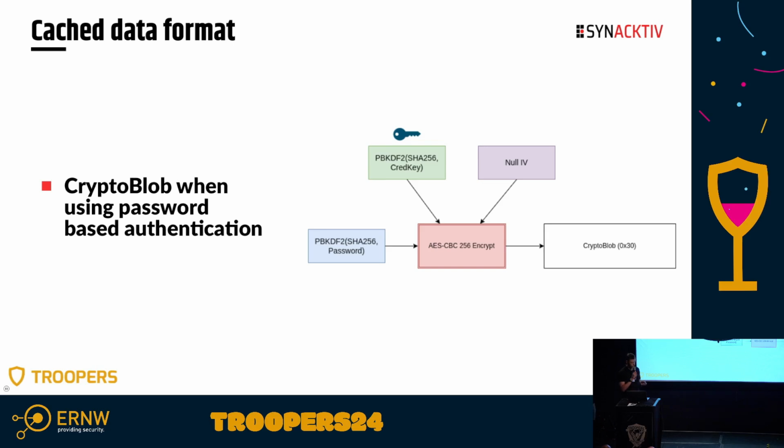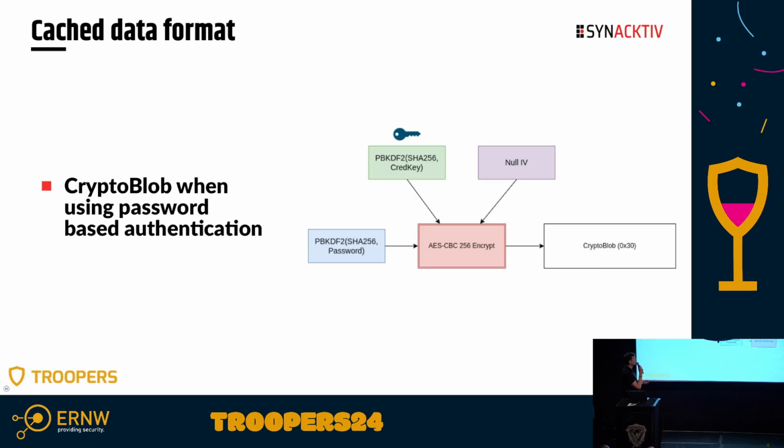As I just told you, the format of the crypto blob changes according to the authentication means. This is what it looks like when you use password-based authentication. It's simply a blob of 0x30 bytes, and it's the result of an AES encryption using as an input the derivation of the password using PBKDF2, and using as a key the derivation of the key also using PBKDF2.